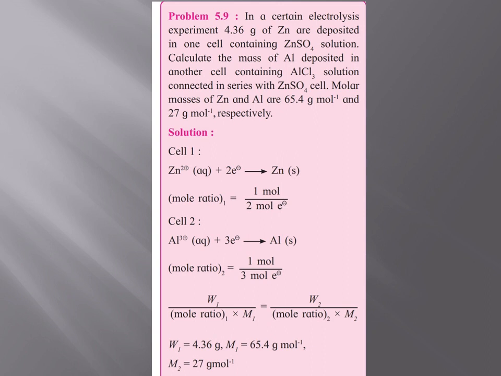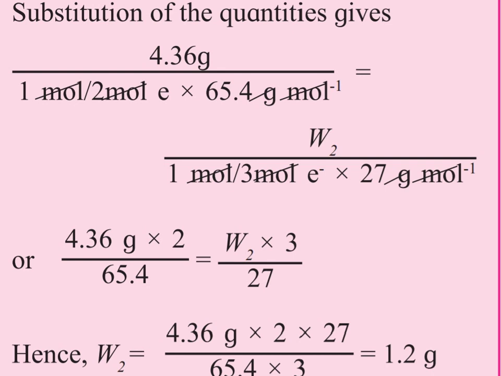Now substituting these values into the formula: 4.36 in place of W1, and mole ratio 1 is 1 mole upon 2 mole electrons, into 65.4 grams per mole, the molar mass of zinc, is equal to W2, which we are supposed to find out, upon 1 mole upon 3 mole electrons into 27 grams per mole.